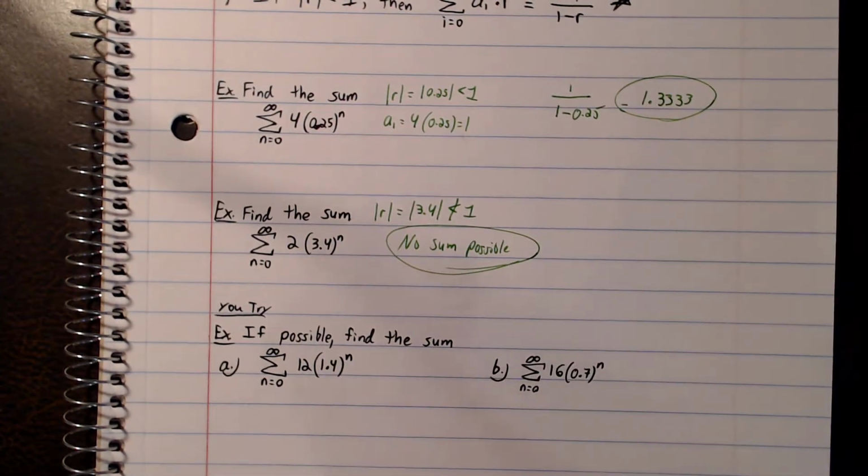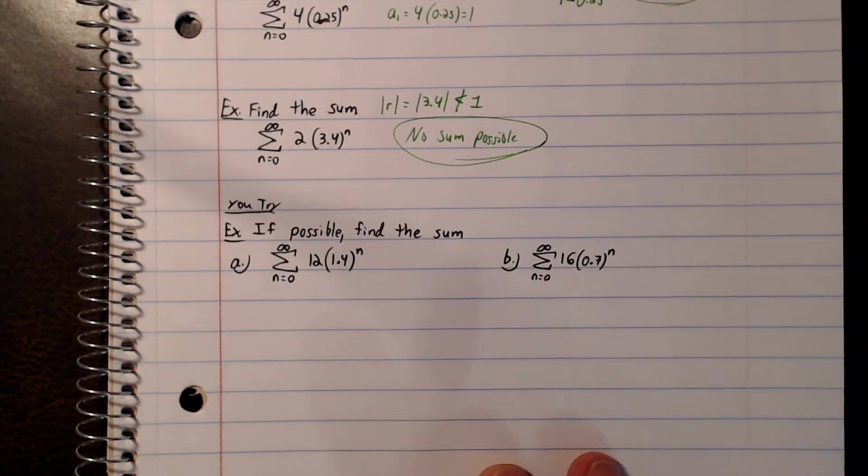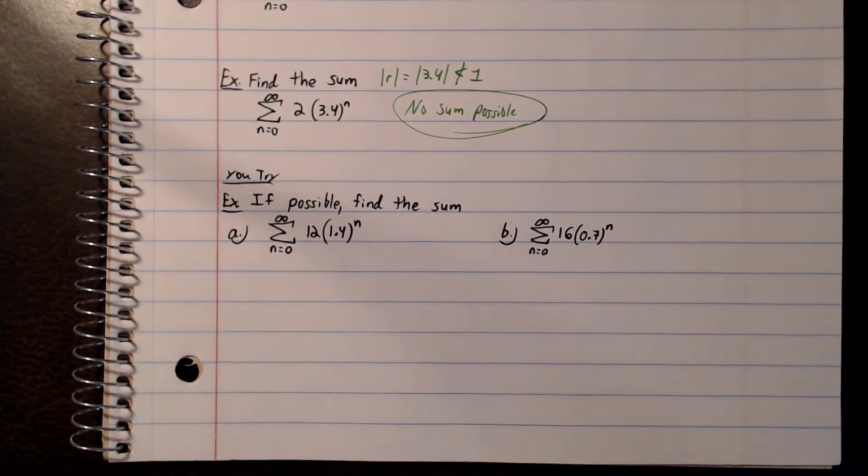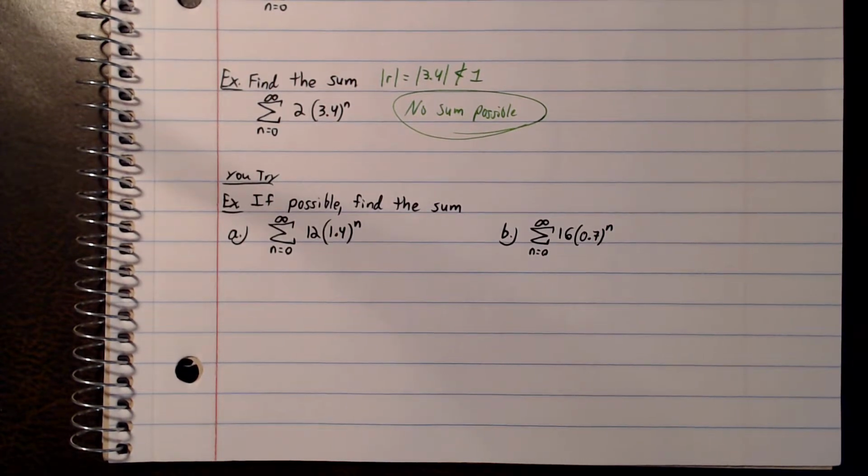Easy enough. Okay, so you have the last problems on this video to try out right here. If possible, you want to find the sum. Here are your problems. Pause the video and resume it when you're ready to check.